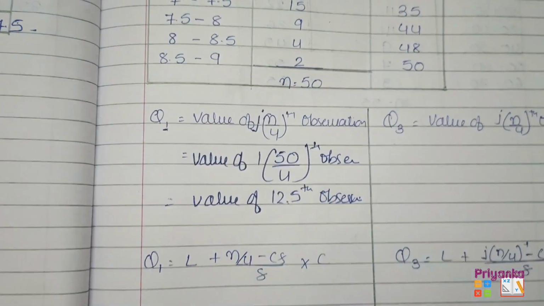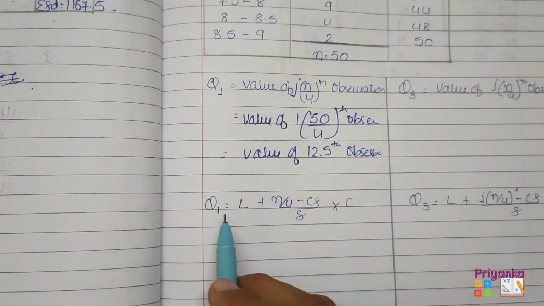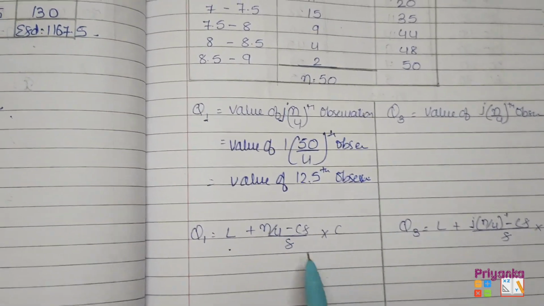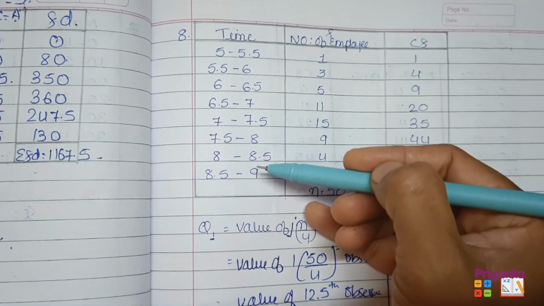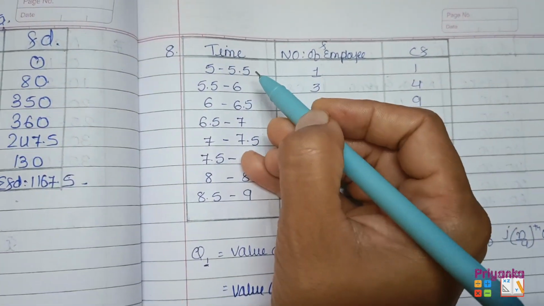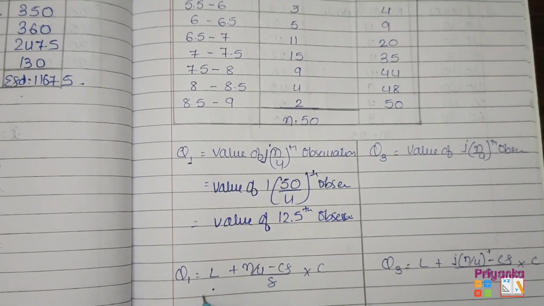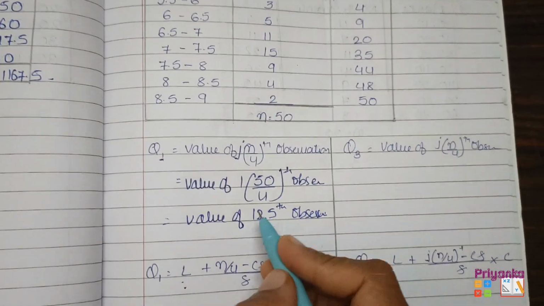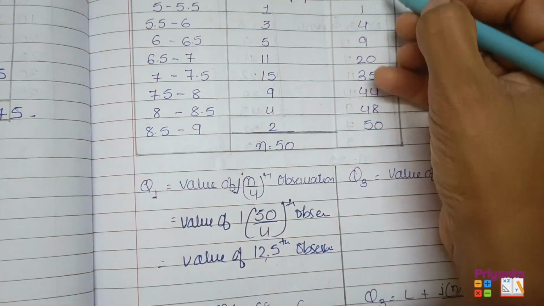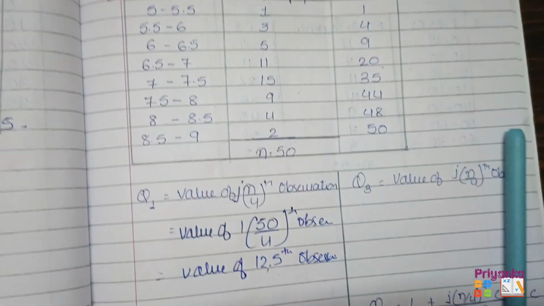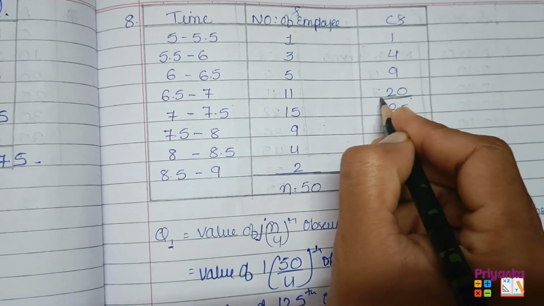So on this base we'll find out what will go in the lower limit and everything. सबसे पहले लोअर लिमिट लेने से पहले एक बार आप देख लो कि ये एक्सक्लूसिव क्लास है. ऊपर वाला नंबर नीचे रिपीट हो रहा है तो ये एक्सक्लूसिव क्लास है. तो आप डायरेक्टली लोअर लिमिट जहाँ पे भी आएगा वो डायरेक्टली आप ले सकोगे. So 12.5 will go in this 20, as we are going to find out two information.